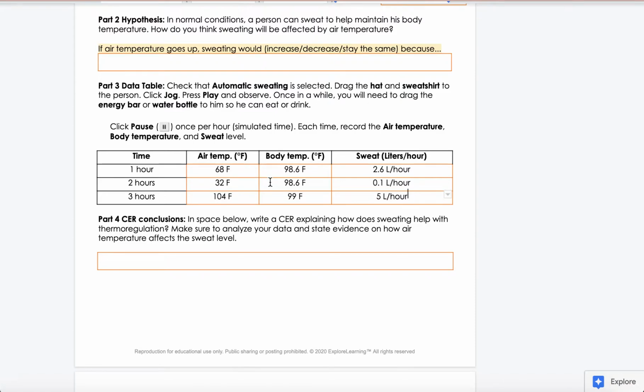Body temperature is 98.6 degrees Fahrenheit, and the sweat was 0.1 liters per hour. In the third hour, the air temperature was 104 degrees Fahrenheit. Body temperature is 99 degrees Fahrenheit, and the sweat that she produced was 5 liters per hour.